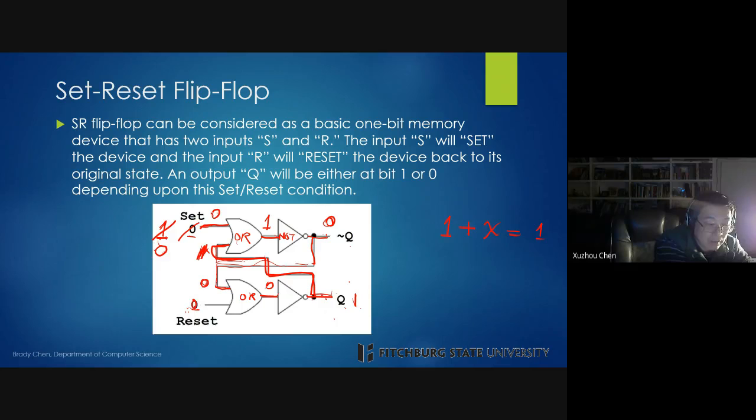So it's kind of like a loop. Even though you set this and then change the value of set to 0 again, it doesn't change the output. So if I change the value of set, it doesn't change the output. This output is a very stable value.